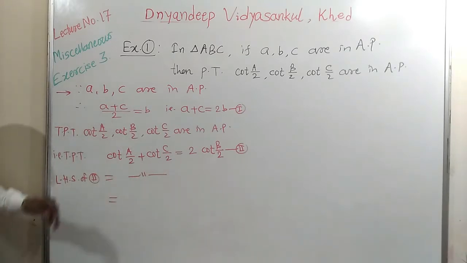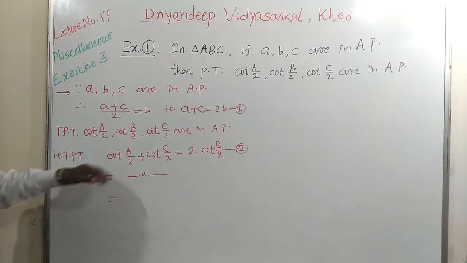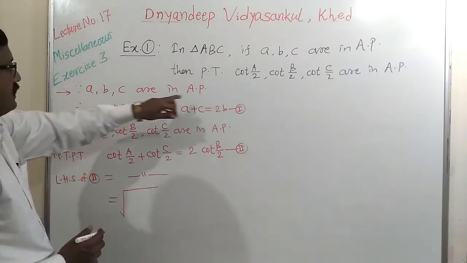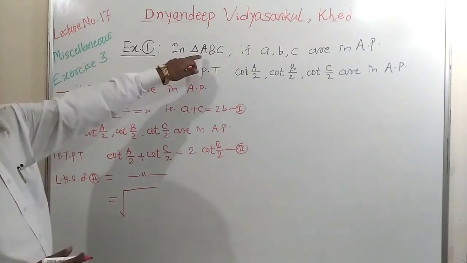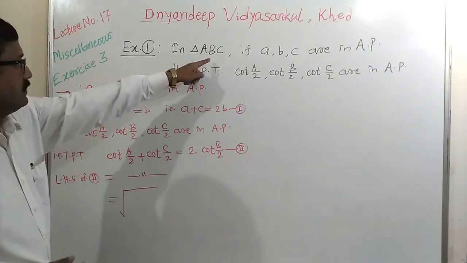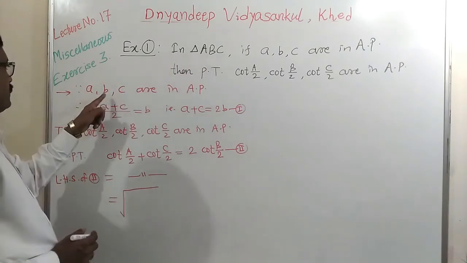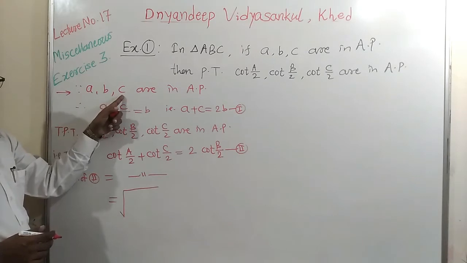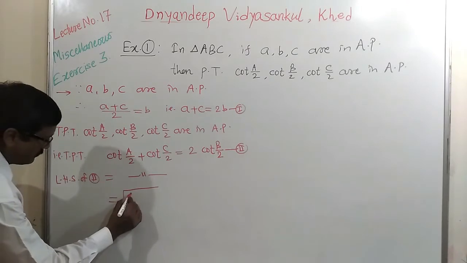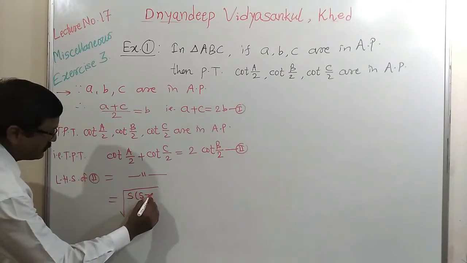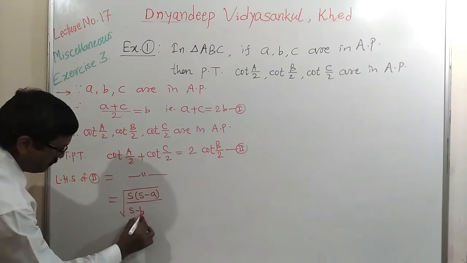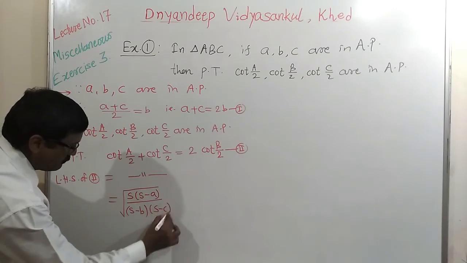Now you know the half angle formulae. Small a, b, c are in AP, which are the sides of triangle ABC. Small a is the length of side BC, opposite to angle A. Small b is the side opposite to angle B and small c is the side opposite to angle C. So here cot A by 2 is nothing but under root S into S minus a upon S minus b into S minus c.